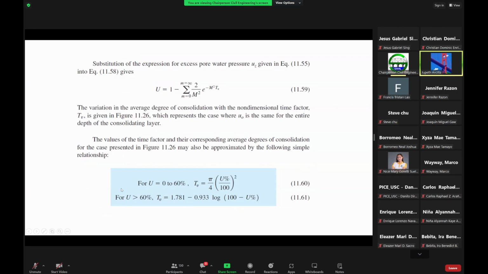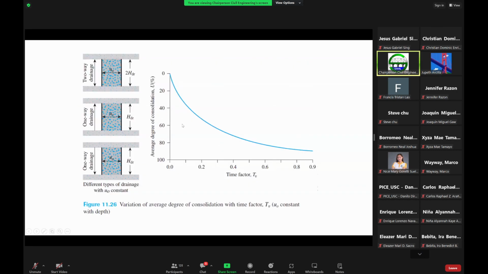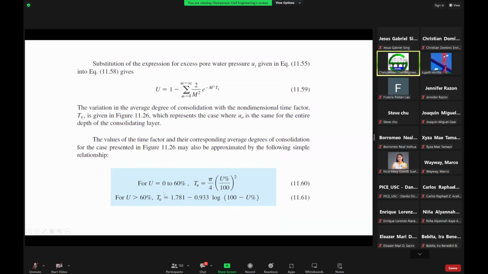For the average degree of consolidation greater than 60%, from this point downwards on this part of the curve, the time factor can be given by this equation, with respect to the average degree of consolidation.